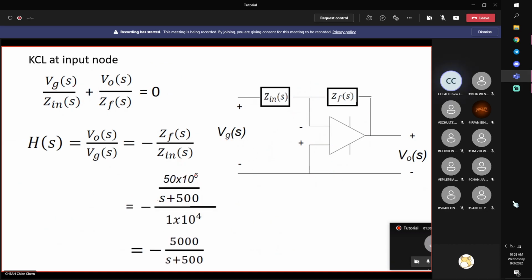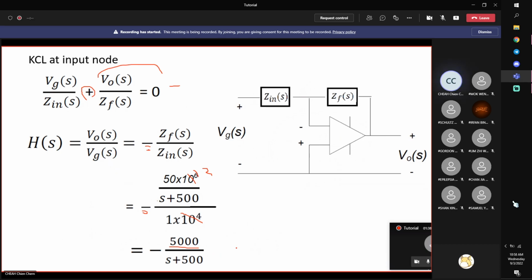Here we get ZF over Z in. Don't forget the negative sign, right? Because when you bring this to the right hand side, you get a negative sign. After that, divide out some of the common terms, 10 to the power of 4, left with 10 to the power of 2, which is 5,000. Then you get the transfer function.